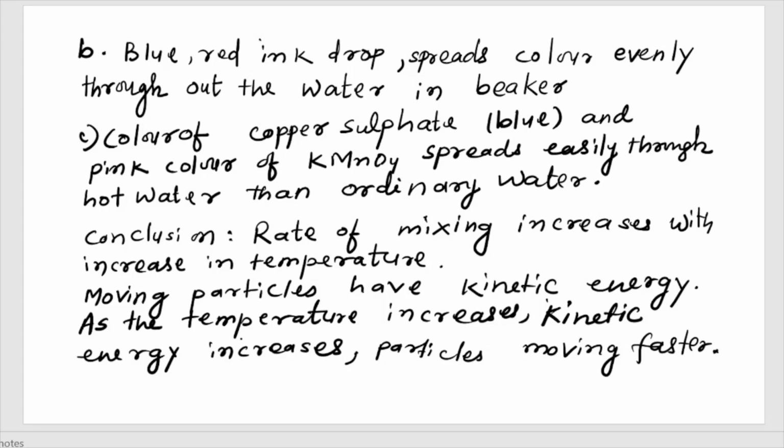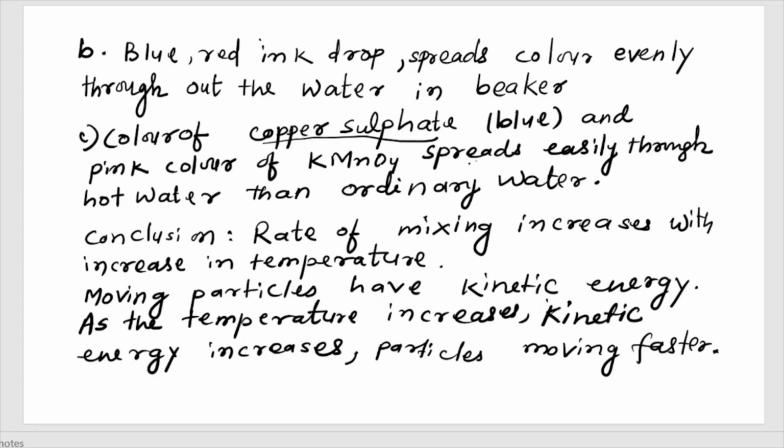Then if you see the color of copper sulfate, do you know what copper sulfate is? Copper sulfate is a blue crystal. If you put one copper sulfate crystal or a potassium permanganate, that is KMnO4, crystal in water, the blue color and correspondingly the pink color of potassium permanganate spreads throughout the water.